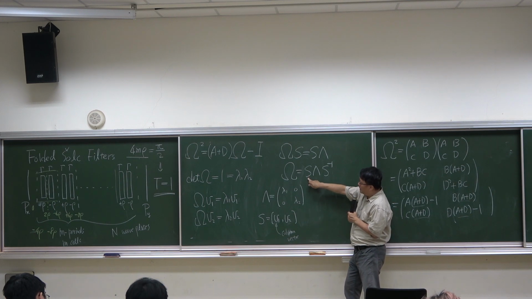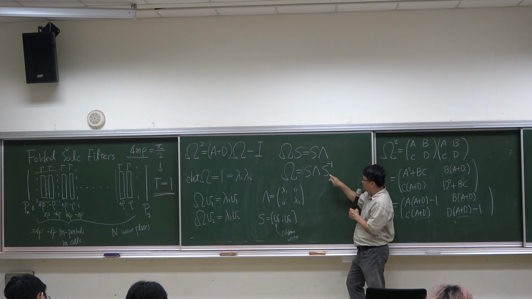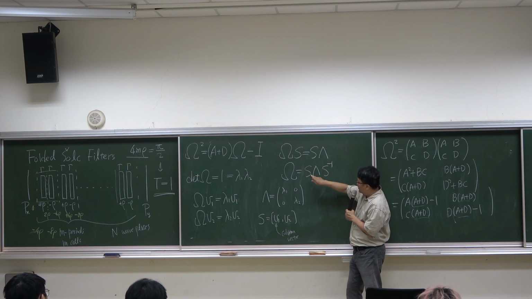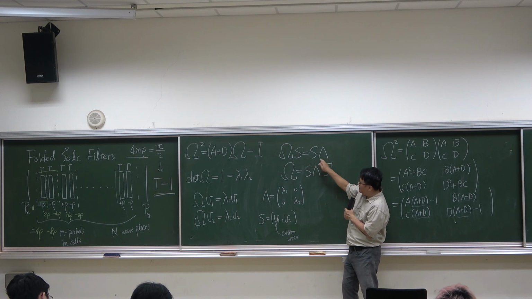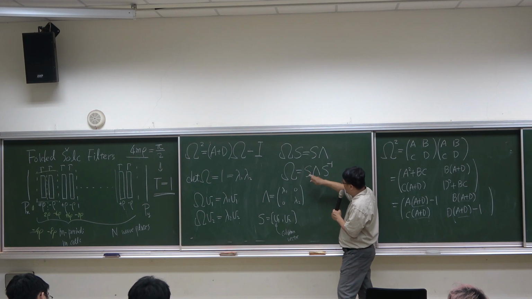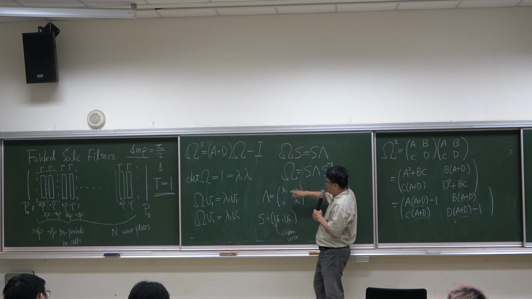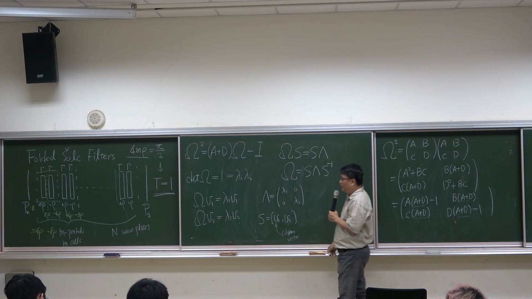If you calculate the determinant of omega, since the determinant of S times S inverse is equal to 1, the determinant of omega is equal to the determinant of lambda, which means lambda 1 times lambda 2.